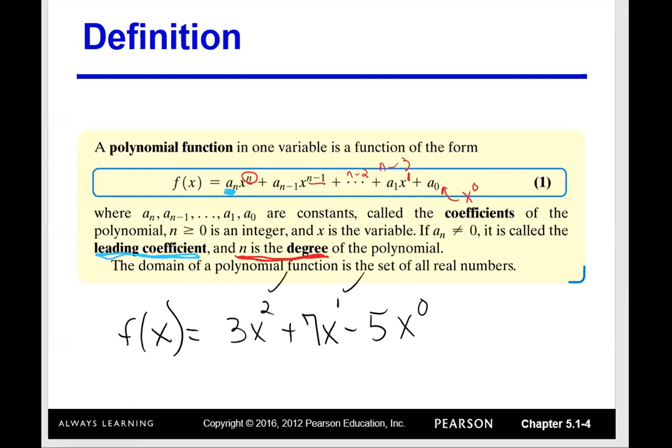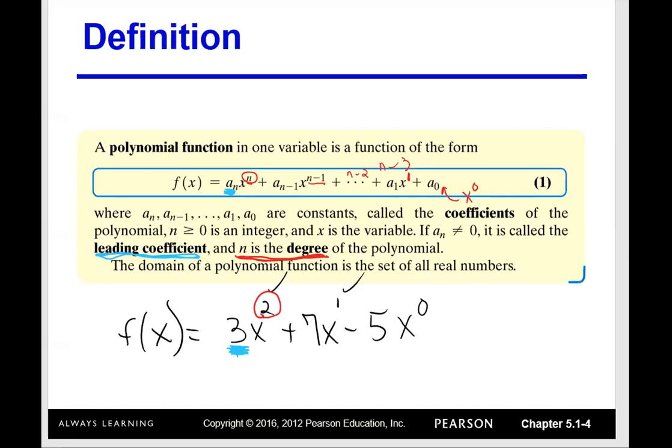So my leading coefficient would be the very first coefficient on the largest exponent, and that would be my degree. So the leading coefficient is 3, and this is a second degree polynomial. But all of your exponents have to be positive whole numbers.